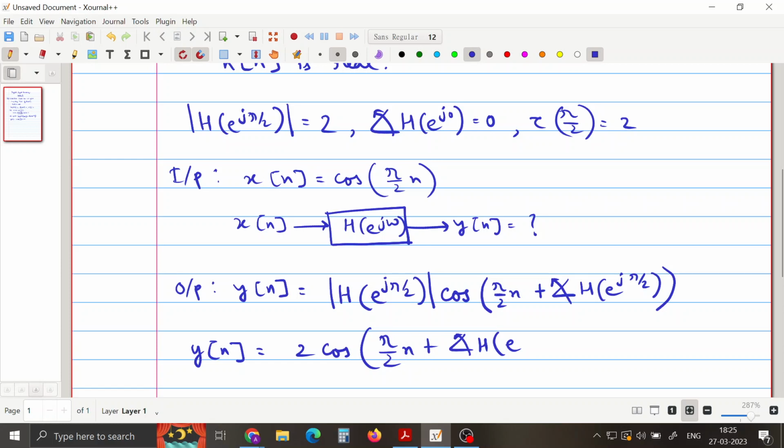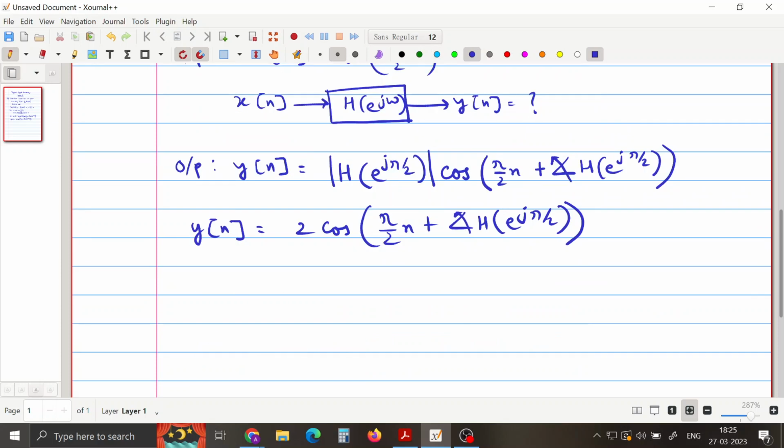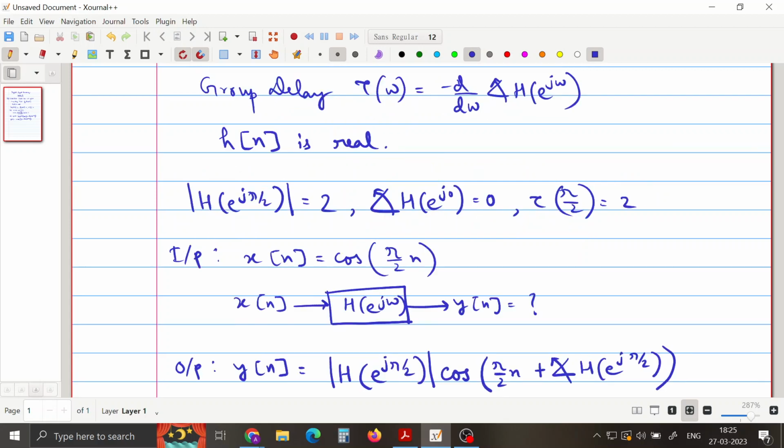Now this factor inside the cos, this phase factor, the phase at pi by 2, from the given information we still don't know. The phase has been given at omega equals to 0, it is 0, that's fine, but we don't know its value at omega equals to pi by 2.